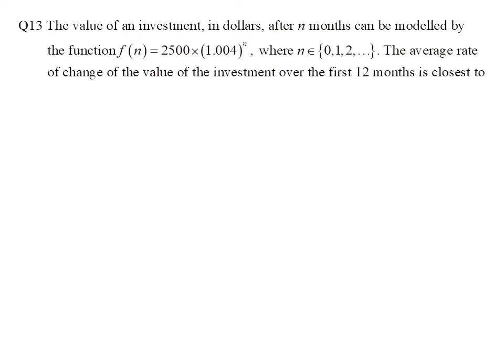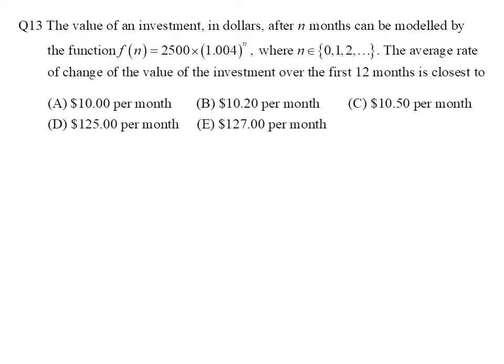Question 13 is related to the issue of average rate of change. It states that the value of an investment after n months is modeled by the function f of n, which equals 2,500 times 1.004 to the nth, where n is an integer starting from 0, 1, 2, and so on.